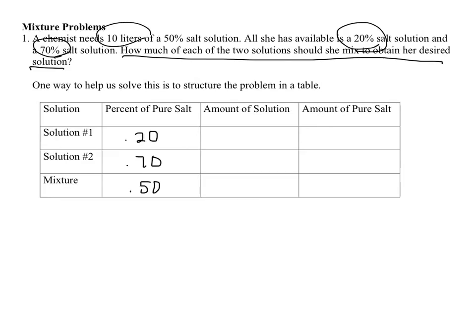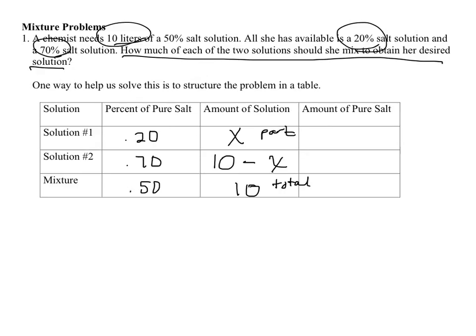So far so good. It says how many of each should she use? And she wants to get 10 liters, so we're good there. And she wants to get x of the first. We don't know the first. And yes, we could put y in the second, but we're not going to do that because this is my total. This is my part. So the other part is going to be the total minus x.